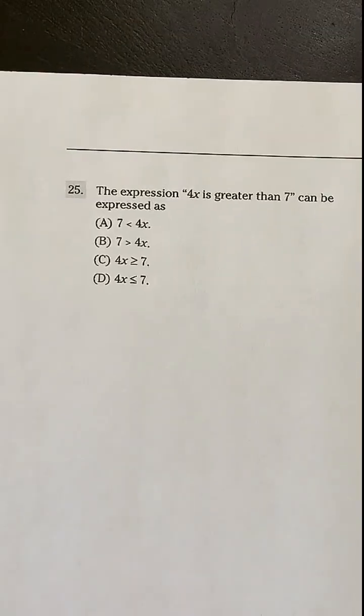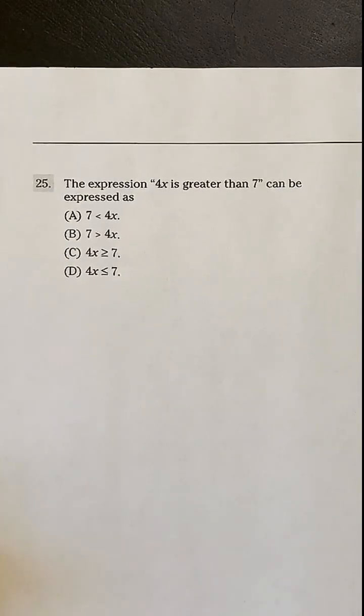So, last question. Last one. So, the expression 4x is greater than 7 can be expressed as A, B, C, or D. Okay, so a bunch of A's, got a B, got some A's, got C's, got a whole bunch of A's, some B's.